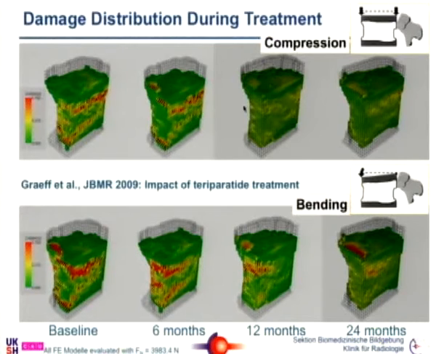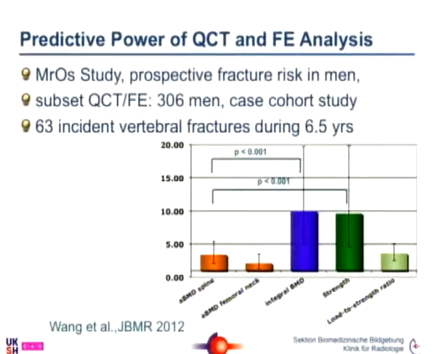And then over the course of 2 years treatment to the right over there, most of these disappear. And that is the case actually for simulating compression or bending as a function of these 2 years of teriparatide treatment. So this is a very nice example how this technique can be applied to study the effects of different types of treatment.